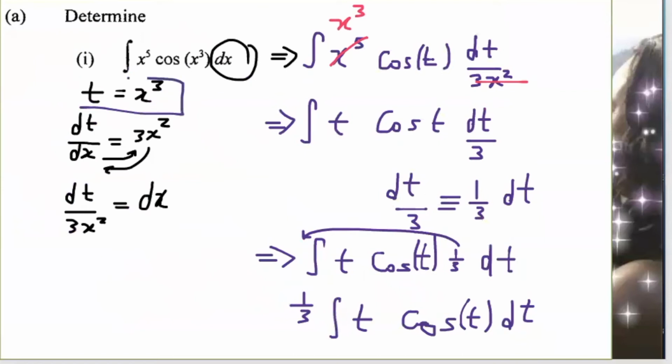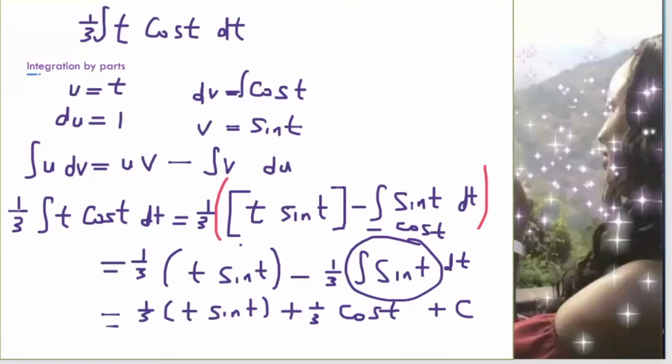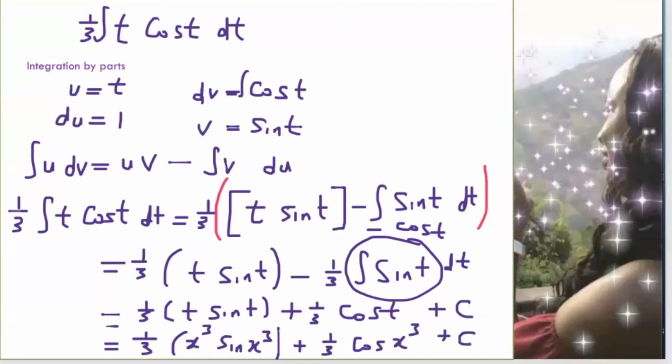Now remember t is x cubed, so don't forget that part that we need to resubstitute. So the final answer is 1/3 x cubed sine x cubed plus 1/3 cos x cubed plus c. And that's it.